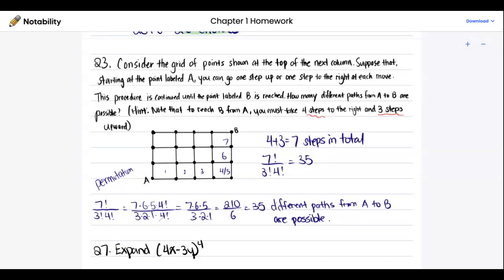We're using permutation for this question, 7 factorial over 3 factorial times 4 factorial. That gives us a total of 35 different paths from A to B.